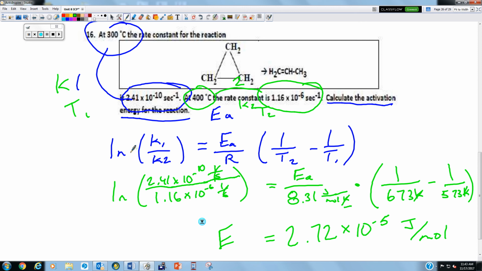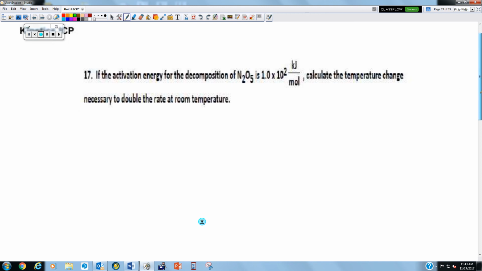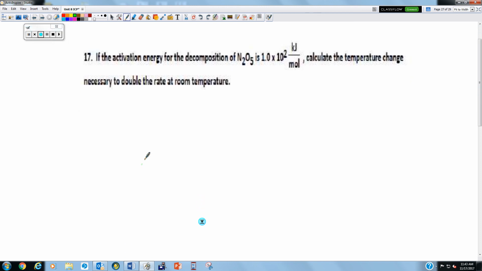However, sometimes you will see a problem like this one. If the activation energy for the decomposition of N2O5 is 1.0 times 10 to the second kilojoules per mole, that's going to be important to look at. Calculate the temperature change necessary to double the rate at room temperature.